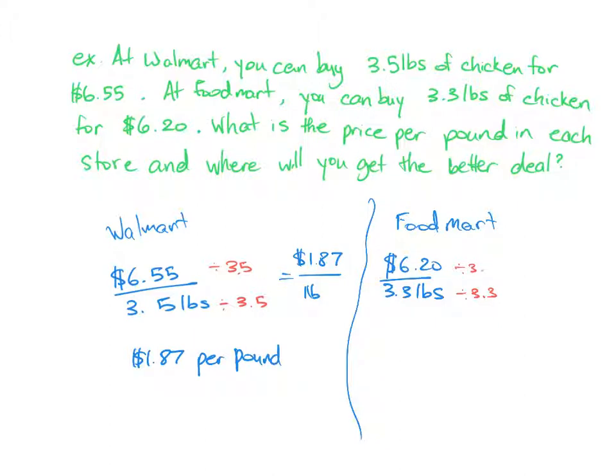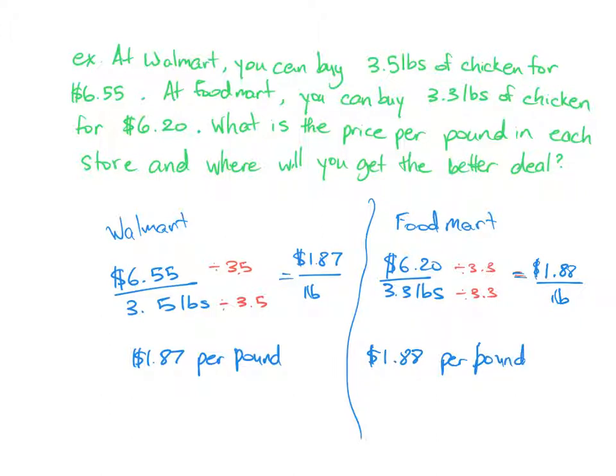And again, that's because we have 3.3 right here in the denominator. And when you do that, your answer rounds to $1.88 for each pound. Now, that is not a very big difference. So let's write that down, $1.88 per pound.